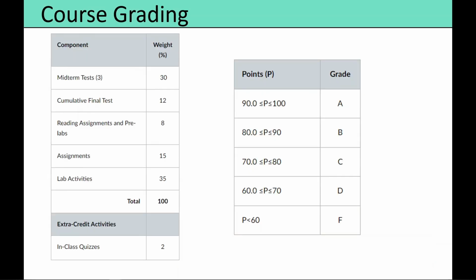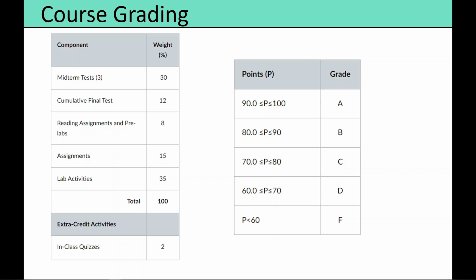Other components are weighted to calculate your total score. So in addition to the midterms and the cumulative final test, you will have the reading assignments and pre-lab assignments, the Mastering Physics assignments with problems and concept questions, and the activities completed in the lab.